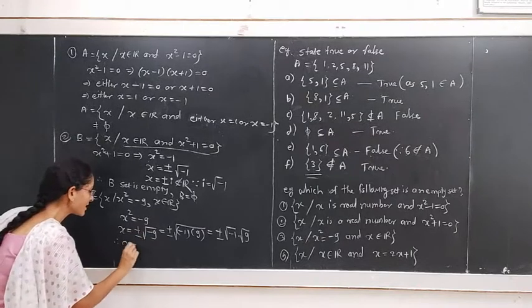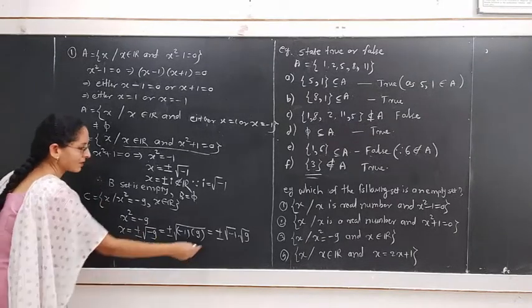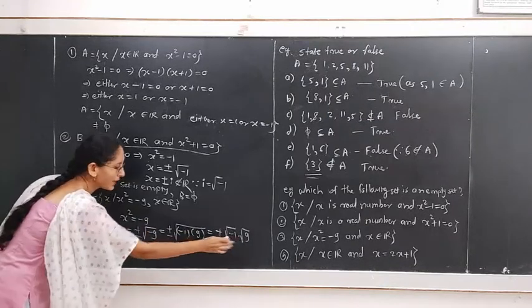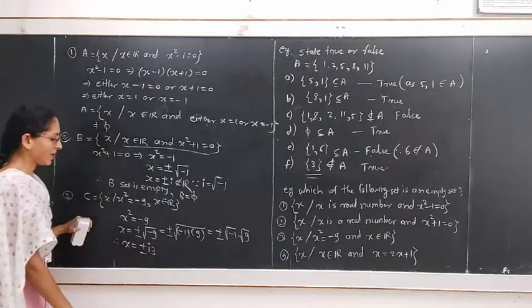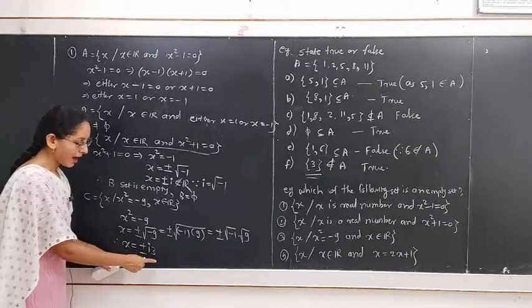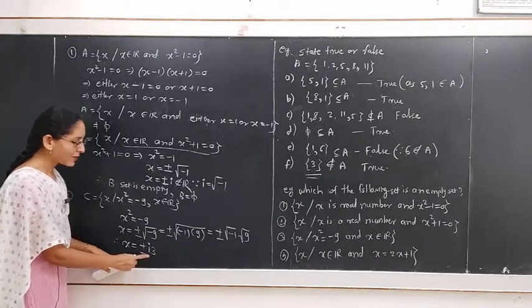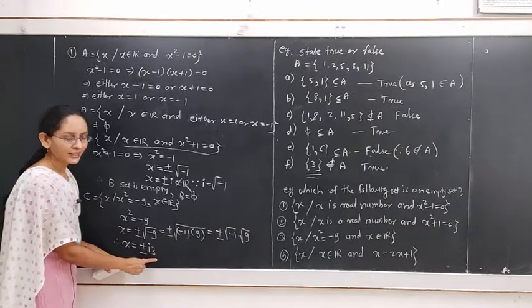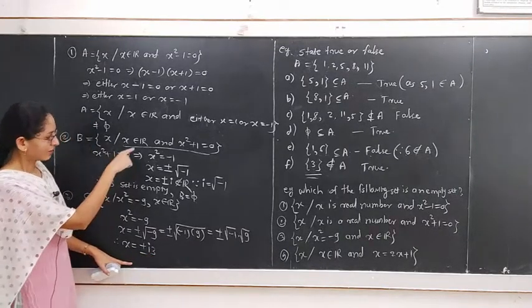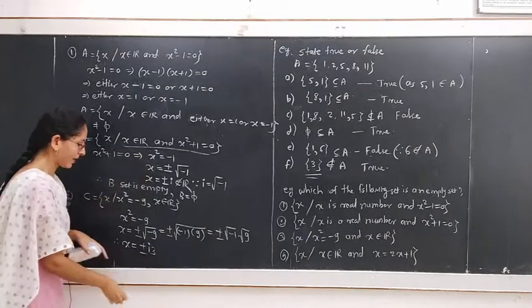We know the value of square root of 9 is 3. Therefore, x is equal to plus or minus, the square root of minus 1 value is i, into root 9 value is 3. Hence, we have two values of x which are plus i into 3 and minus i into 3. Both the values are not real numbers.